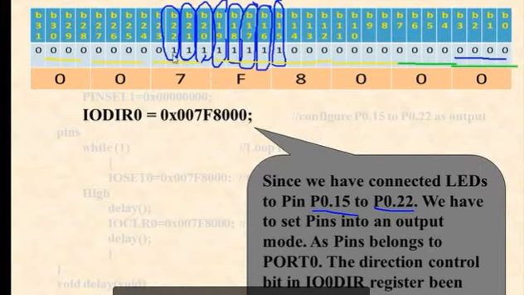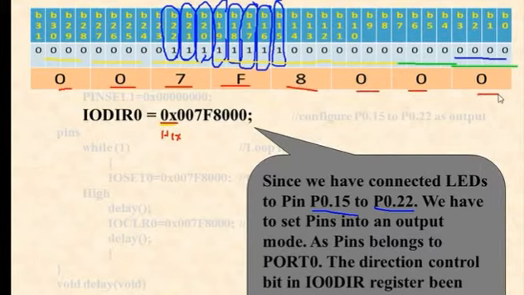So when you write IODIR equals 0x, this is your hex number, and my number is 007F8000.